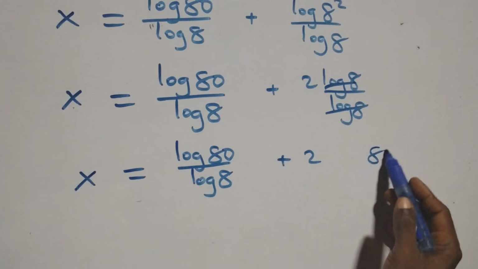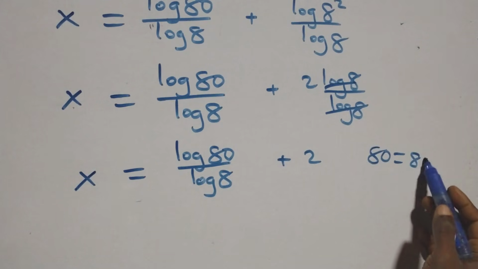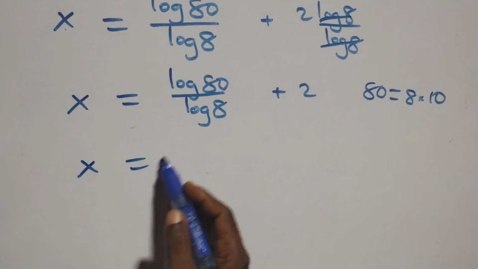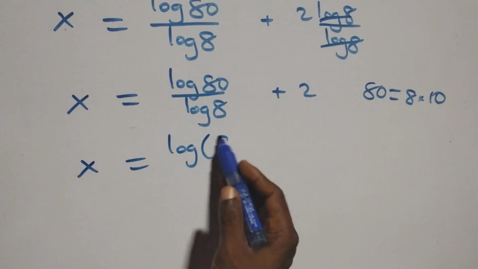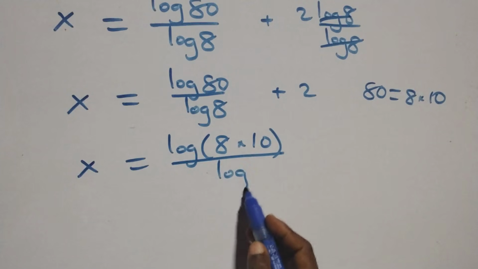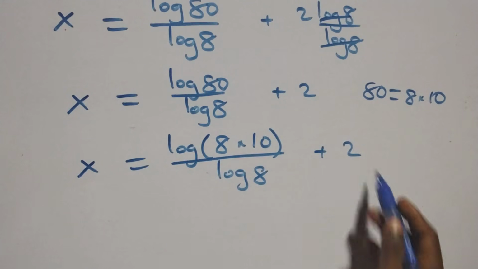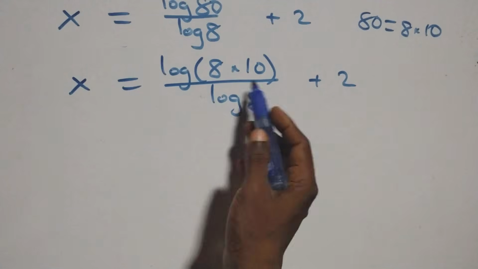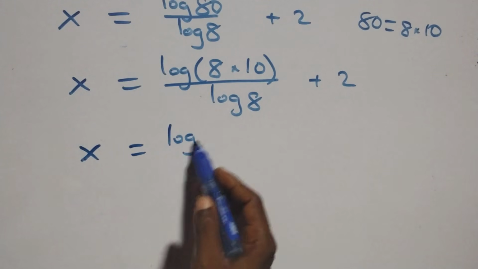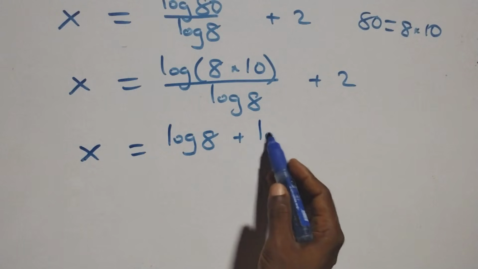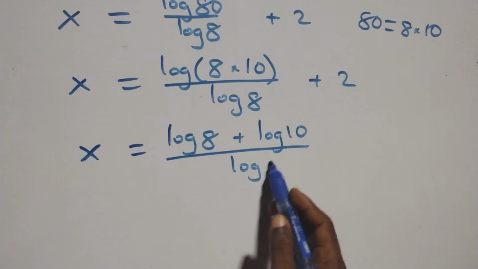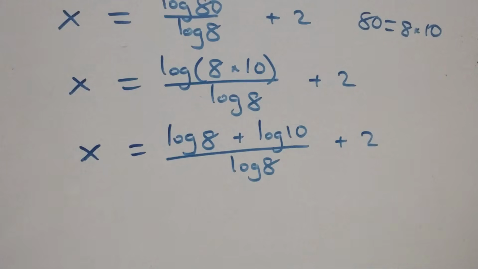And also here, 80 can be written as 8 times 10. That is, here we have x equals log 8 times 10 over log 8 plus 2. Then we apply the law of logarithm and we have x equals log 8 plus log 10 over log 8 plus 2.